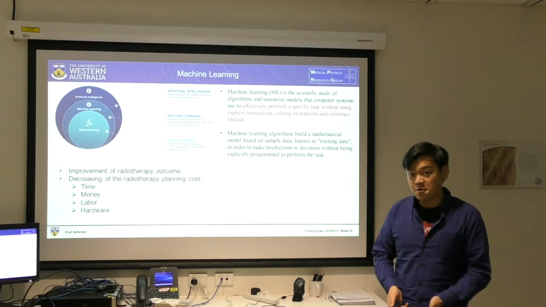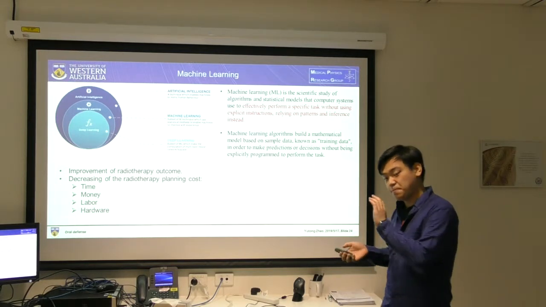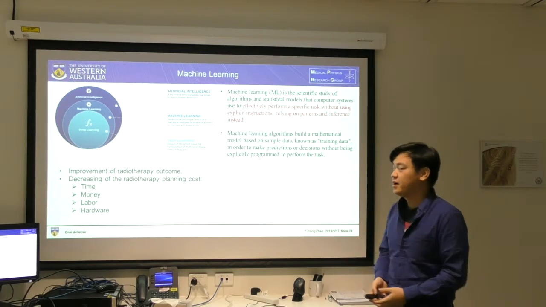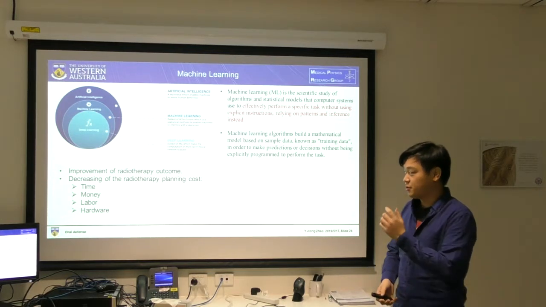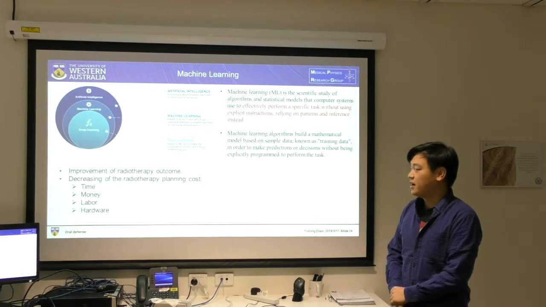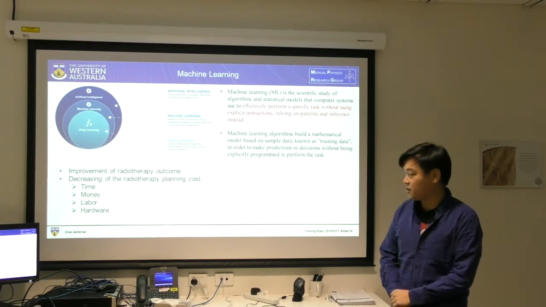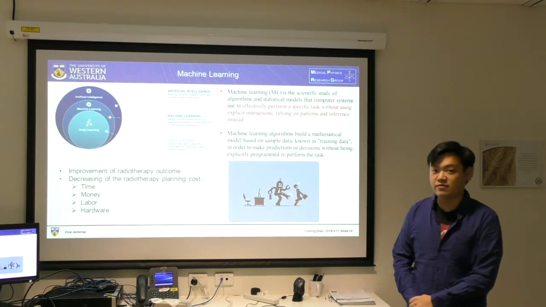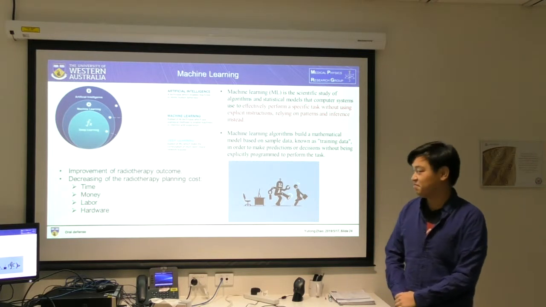And the combination of machine learning and radiotherapy will improve the radiotherapy outcome significantly and decrease the radiotherapy planning cost, which will include time, money, labor, and software and hardware. And of course, some people definitely will lose their job because of this.